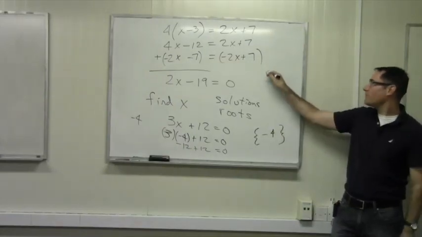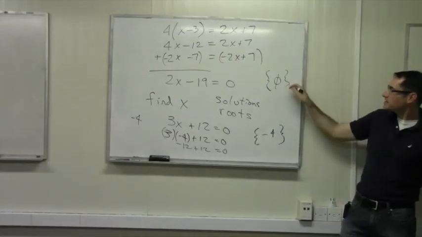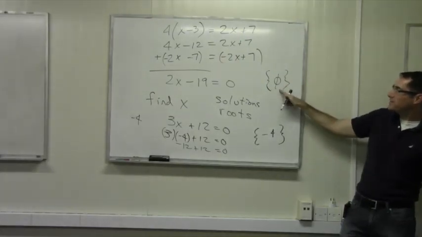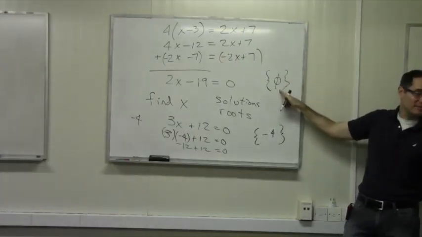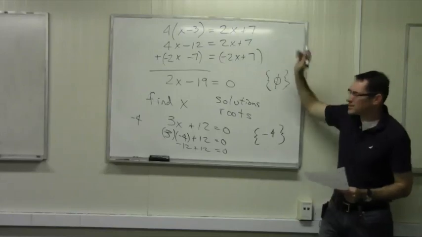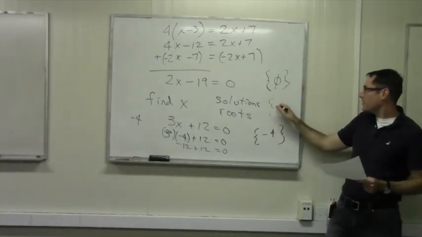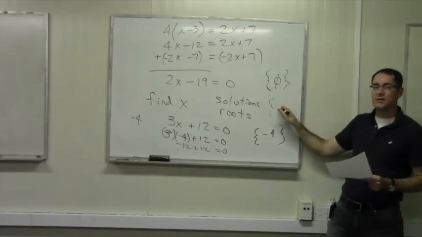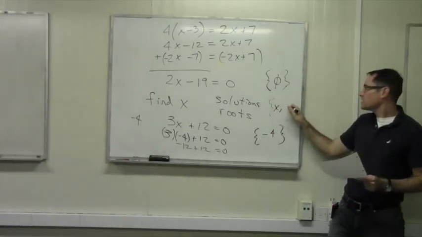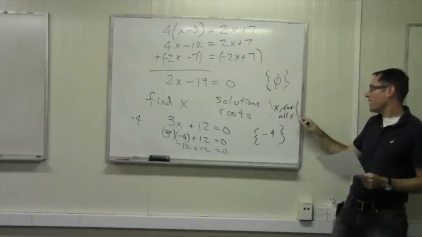You can also have, I think I did this the other day, a set that looks like this. My curly brackets aren't very good, but that means the null set, which means the answer does not exist. Or you can also say, let's see, I forget exactly how it goes. It's the curly bracket, and then x for all x, or something like that.